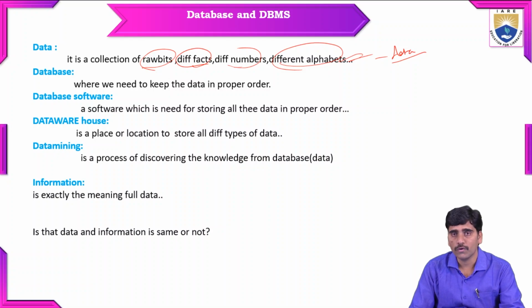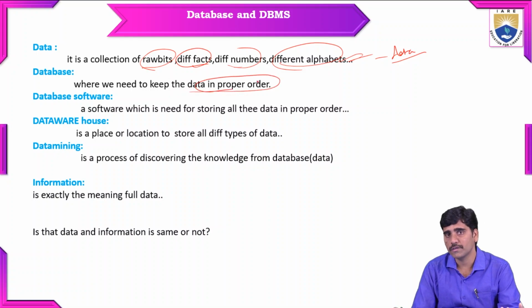So what is meant by data? It is nothing but a collection of all the different facts, raw bits, numbers, alphabets, anything. A collaborative of all the group of things is called data. From that, the database: where we need to keep the data in proper order.